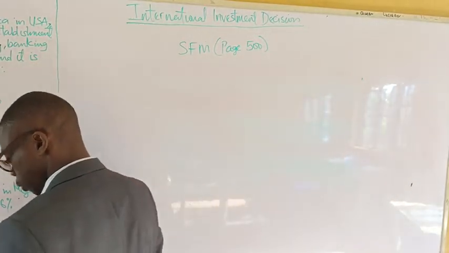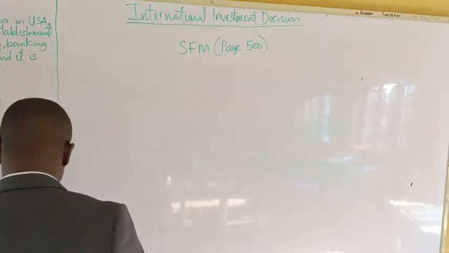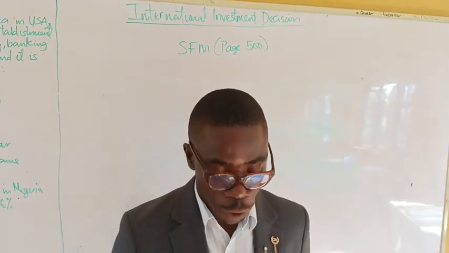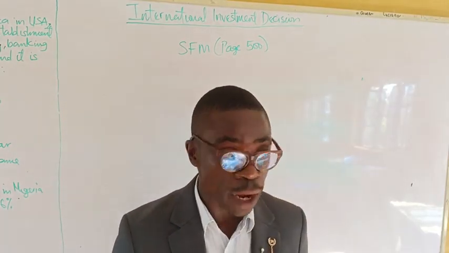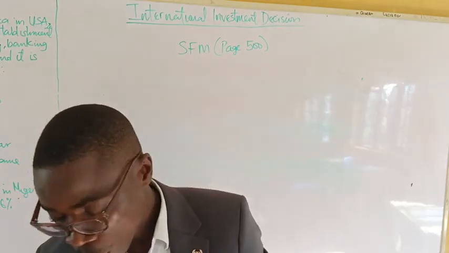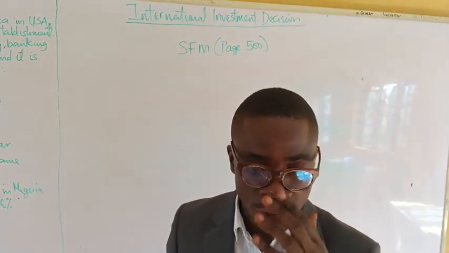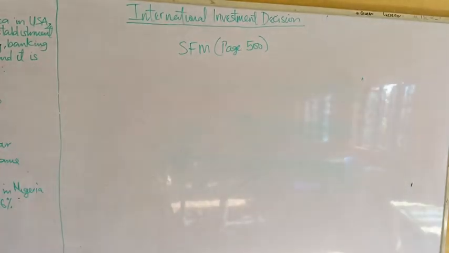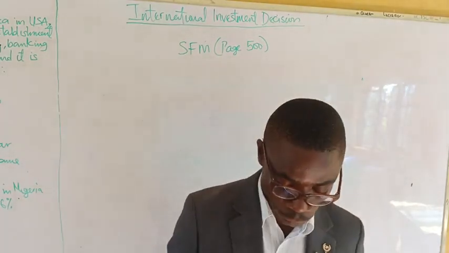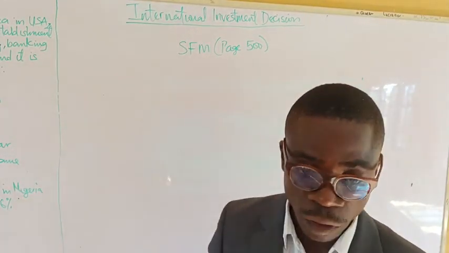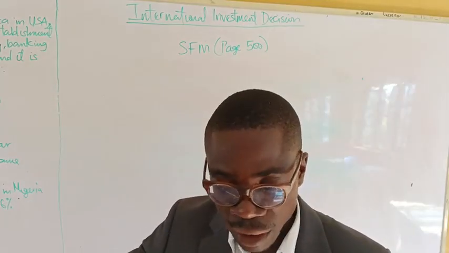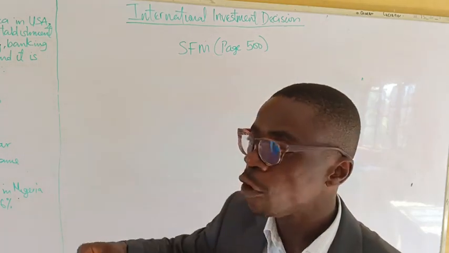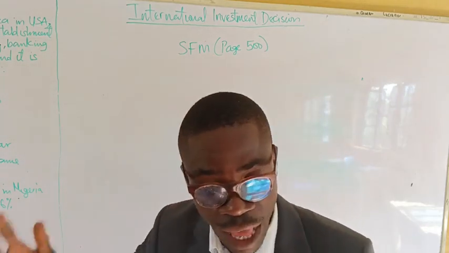What do I call method 1? You discount the foreign currency cash flow. That means, what's the foreign currency cash flow in this question? We have 100,000 cedis, which is the cash outflow, and the cash inflow is 50,000 cedis for the next 3 years.